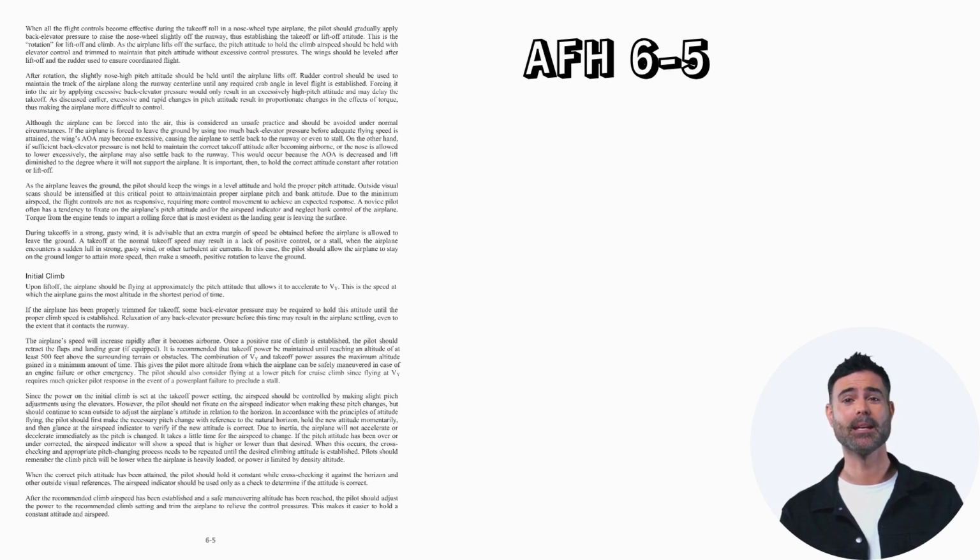On the other hand, if sufficient back elevator pressure is not held to maintain the correct takeoff attitude after becoming airborne, or the nose is allowed to lower excessively, the airplane may also settle back to the runway. This would occur because the AOA is decreased and lift diminished to the degree where it will not support the airplane. It is important, then, to hold the correct attitude constant after rotation or liftoff.